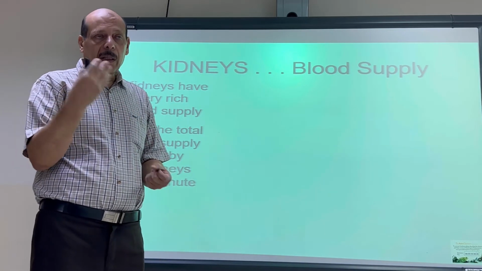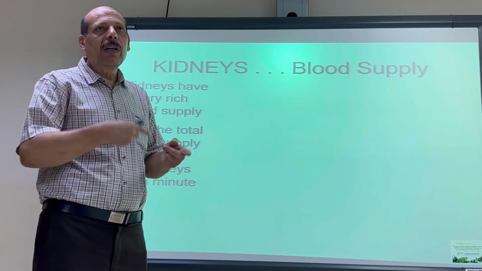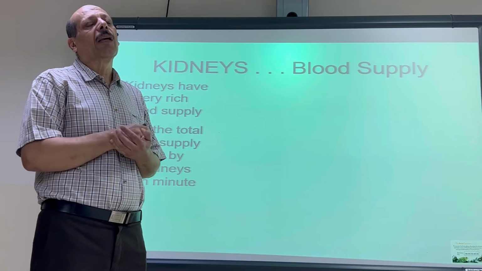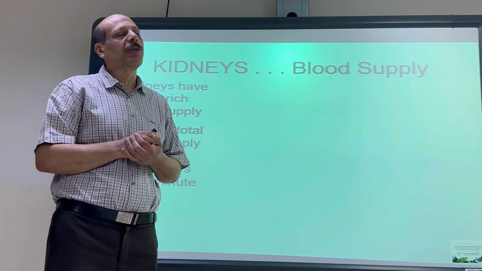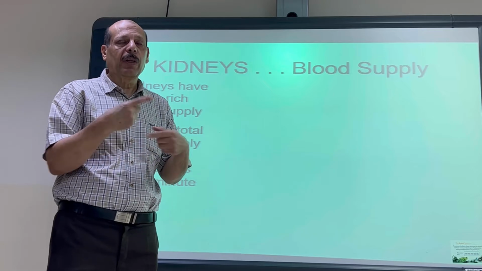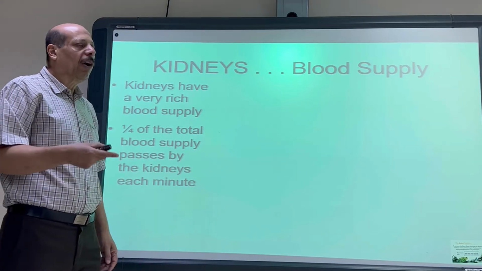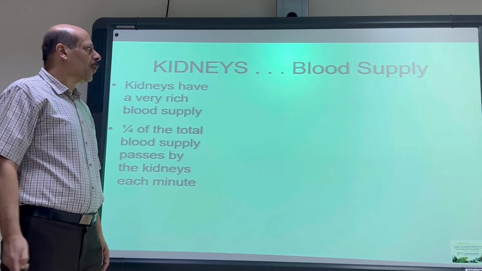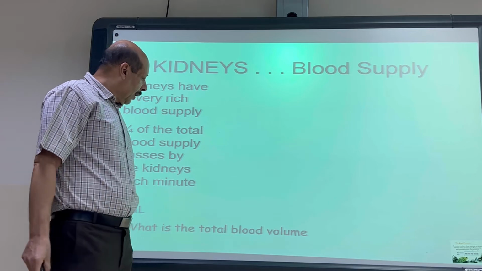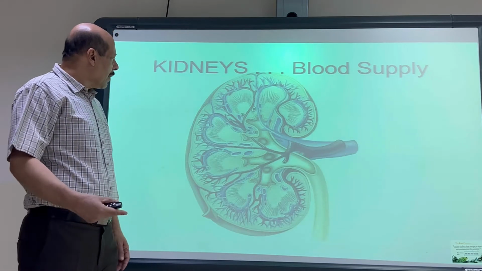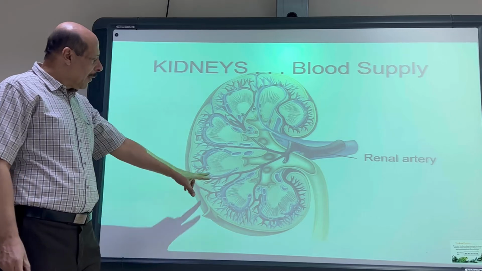So in each minute around 1.5 liters is passing through the kidney from the 6 liters which we have. So continuously a very huge amount of blood is coming to the kidney. We answered this question.